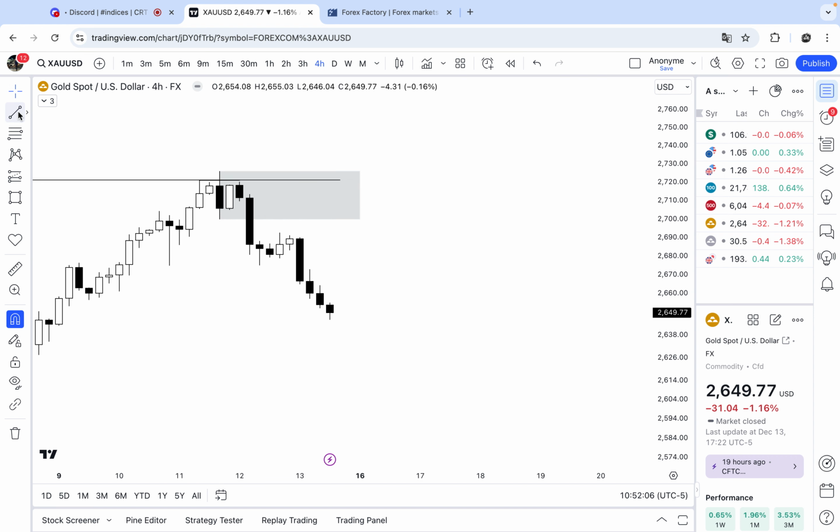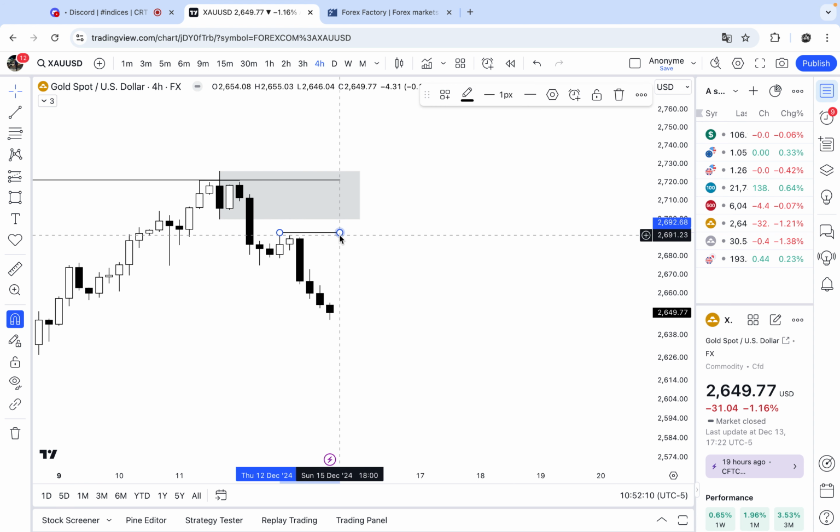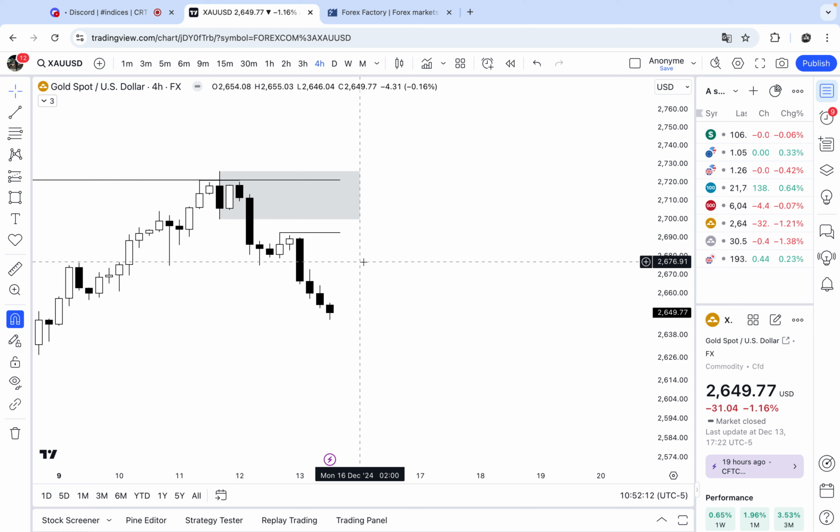And maybe we're gonna turtle soup this high. All right. So this is what I'm looking for. So if price opens Sunday and then I see some bullish movements, step 4, what I'm gonna look for is a CRT here.